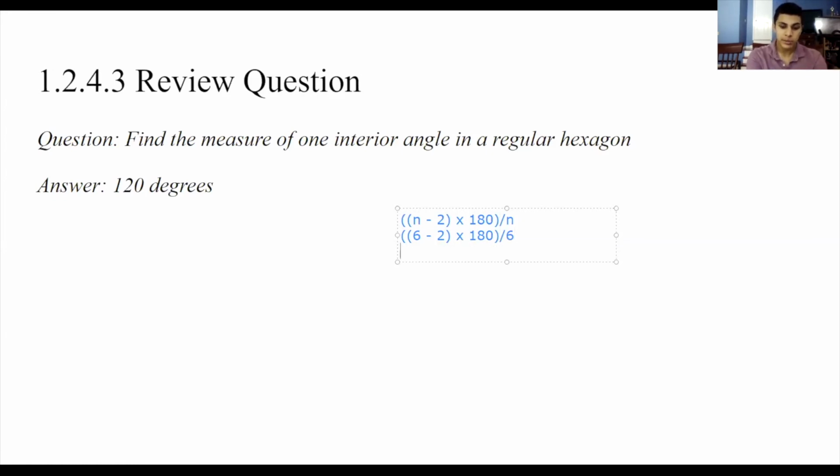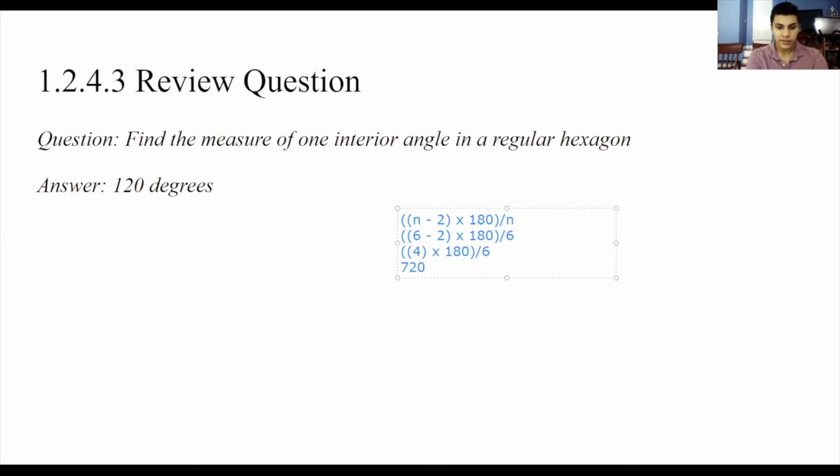In order to simplify this, we need to do whatever's in the smallest parentheses first, and that's 6 minus 2. So 6 minus 2 is 4, and then we write out the rest of the equation, times 180 divided by 6. Next, you want to do 4 times 180 because that's also in parentheses before you divide by 6. So 4 times 180 gives you 720.